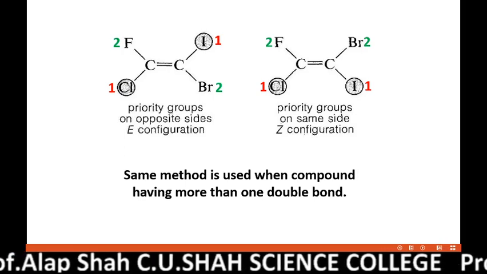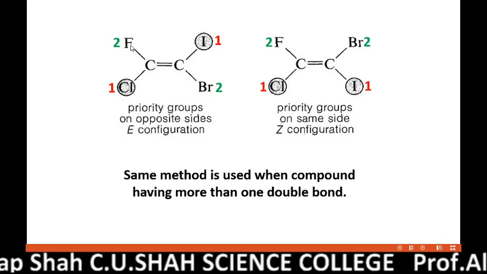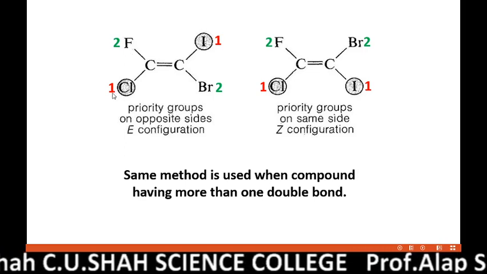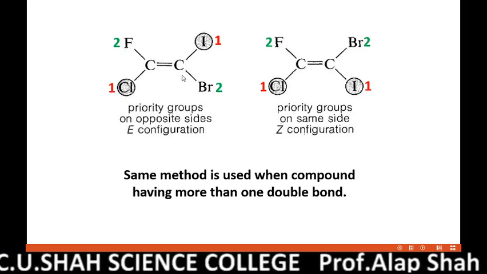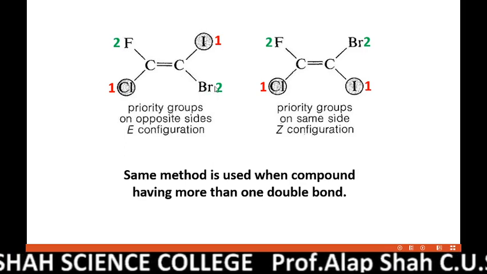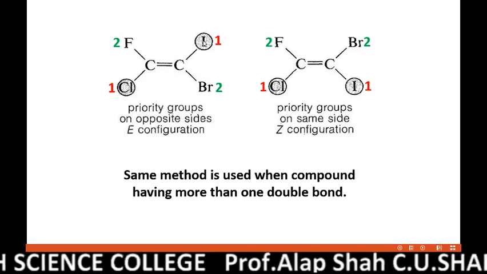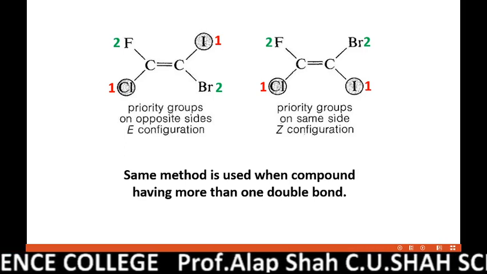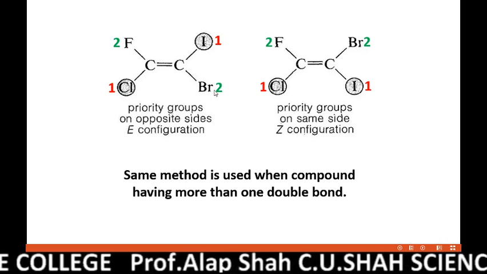So chlorine is the 17th element, fluorine the ninth element. So obviously chloro would be given first priority and fluoro second. Similarly here I and Br. Bromine is the 35th element of the periodic table, but iodine's atomic number is even more than that. So I would take first priority and bromo would take second.